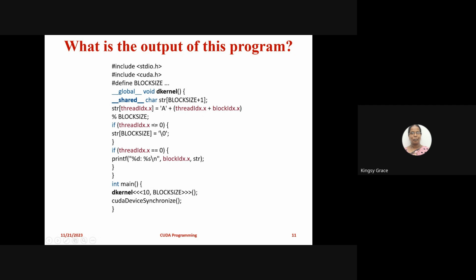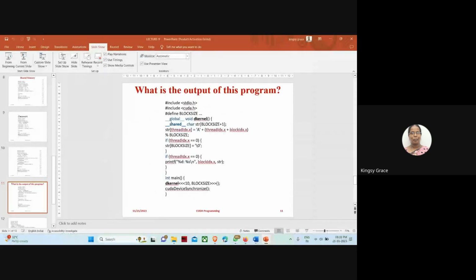And if thread idx dot x equal to 0, str of block size is assigned the value null. The thread idx dot x and the block idx dot x both have been added. Both times the same condition has been given. It will be printed. See what is the output of this one.